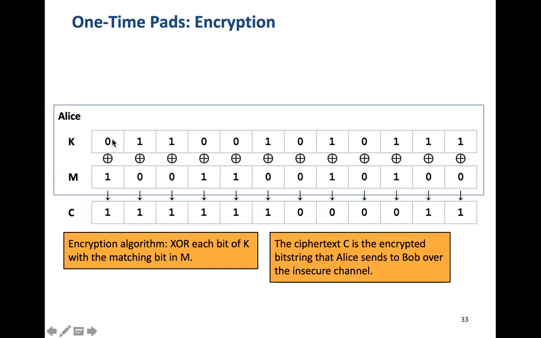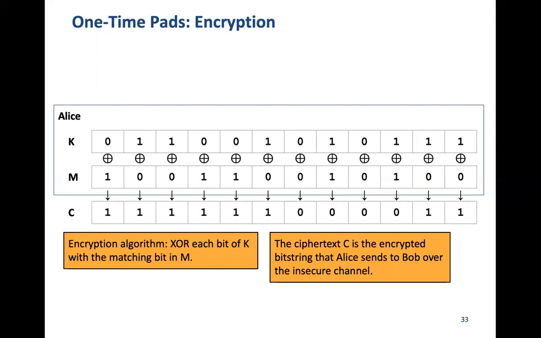Each bit of K is exclusive ORed with the corresponding bit of M. So the first bit of K is exclusive ORed with the first bit of M, the second with the second, the third bit of K with the third bit of M, and so on, and we get this ciphertext.